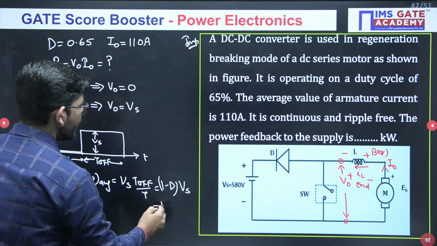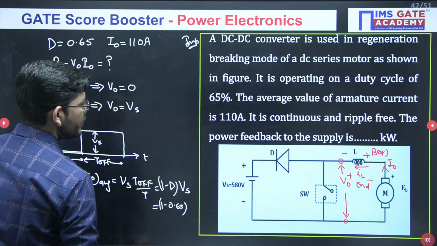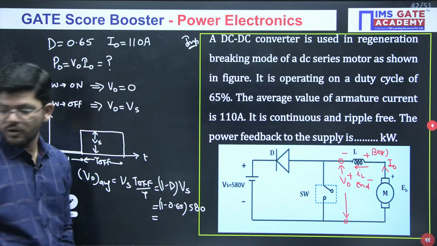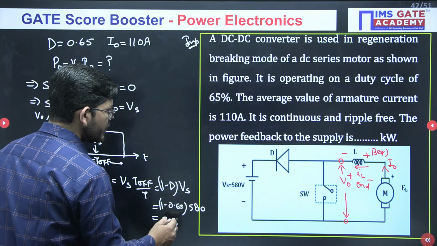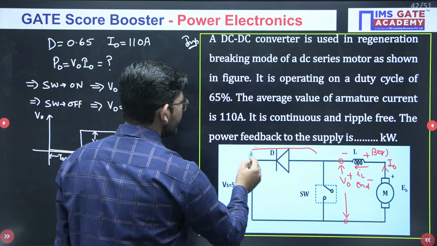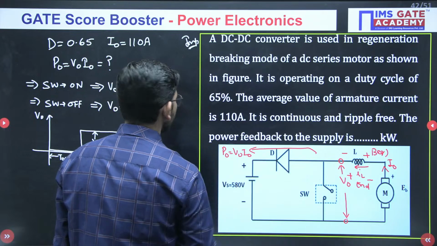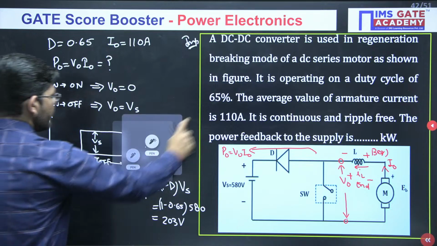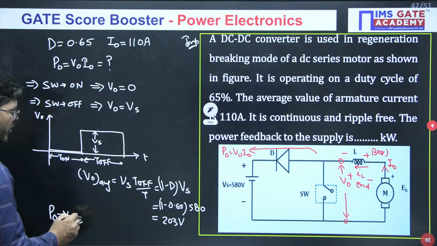Now 1 minus D, D is 0.65, okay? And what is the value of Vs? It is 580 volt. So how much average output voltage will we get? It is around 203 volt, okay? Then to calculate the power feedback, P naught will be V naught into I naught.